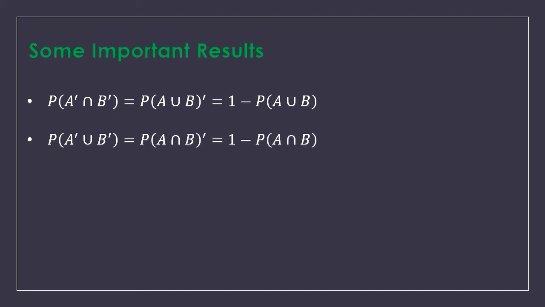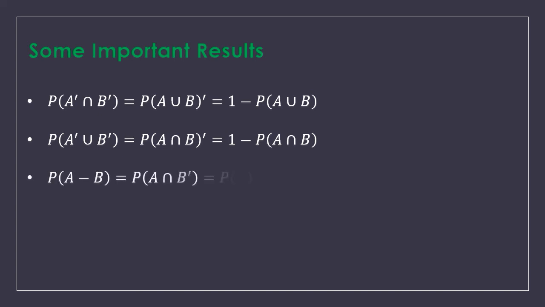You see here in the first proof, A dash intersection B dash became (A union B) the whole dash. So the dash was taken outside of the bracket and intersection was converted into union. Similarly, in A dash union B dash, the dash was taken outside of the bracket and union was converted into intersection, and (A intersection B) the whole dash means 1 minus P(A intersection B).